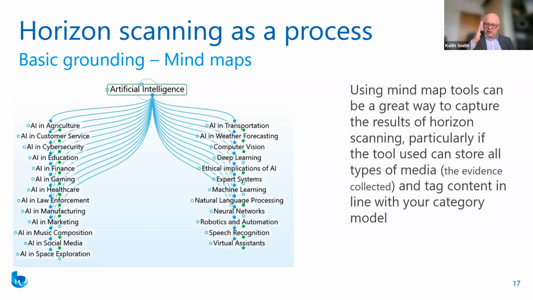So I can follow any train of thought and look at what information I have in that space. My maps are not everybody's perfection, but they're a good way of capturing, storing and analysing some of this information, because you can change your perspective and look at the data in different ways. So I would suggest you certainly have a look at my maps.